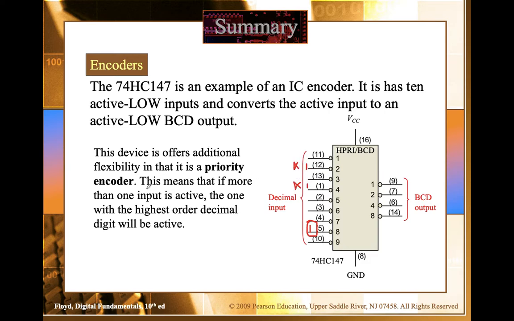It's written here: if more than one input is active, sorry, this is active low, so basically these will be 0 and all others are 1.